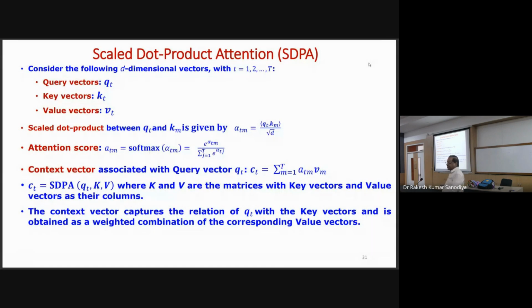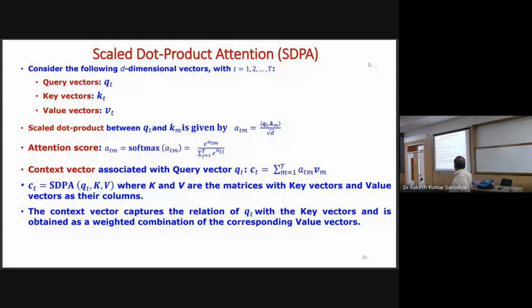That's what's called the attention score. Now, I'm going to use these attention scores and the value vectors to generate a new representation for the entity at time t. So basically, we generate what is called the context vector associated with this query vector qt as ct. As you can see here, what is the expression for ct here?